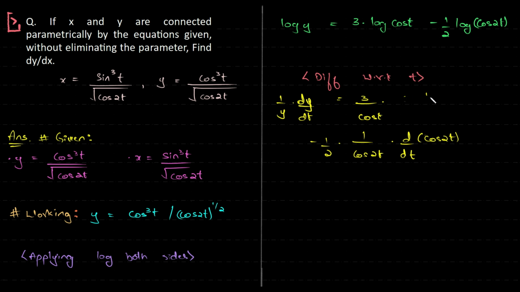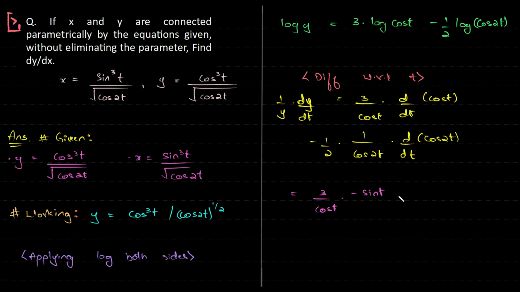Let me take it a step more so that you guys don't miss. We'll take it systematically so that you don't mess it up. On the left hand side we have whatever we have. So 3 by cos t, and differentiation of this is minus sine t.